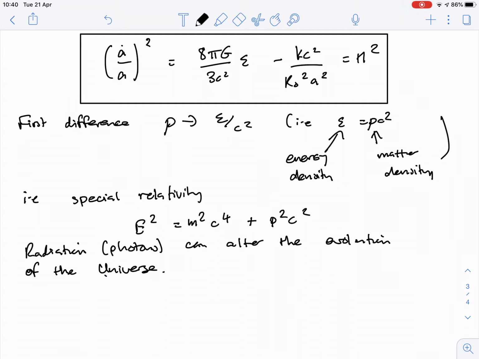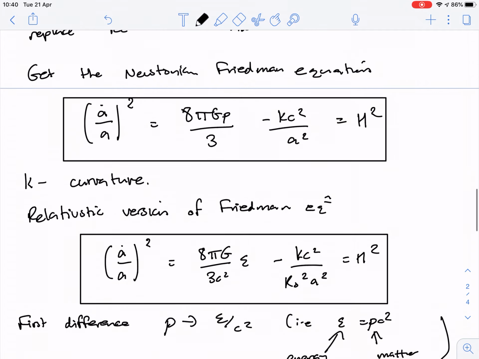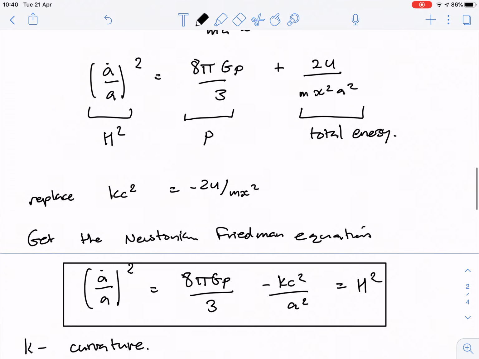Second change is we've changed k at the top here to kappa, or I'll actually leave it as k because I can't really write kappa very clearly, and we've then subsequently rescaled with R0 squared. So rather than writing k c squared over a squared, I now get k c squared over R0 squared a squared.